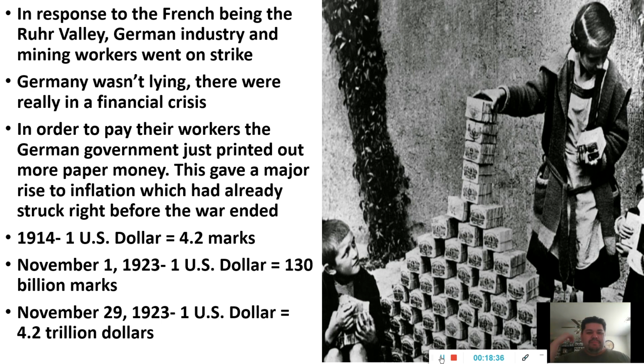And back then, their money was tied into the gold system. So however much money you printed, there was gold there to back it up. If you just print out a bunch of money, the value of that dollar is going to go down, because there's only so much gold you have to back it up.